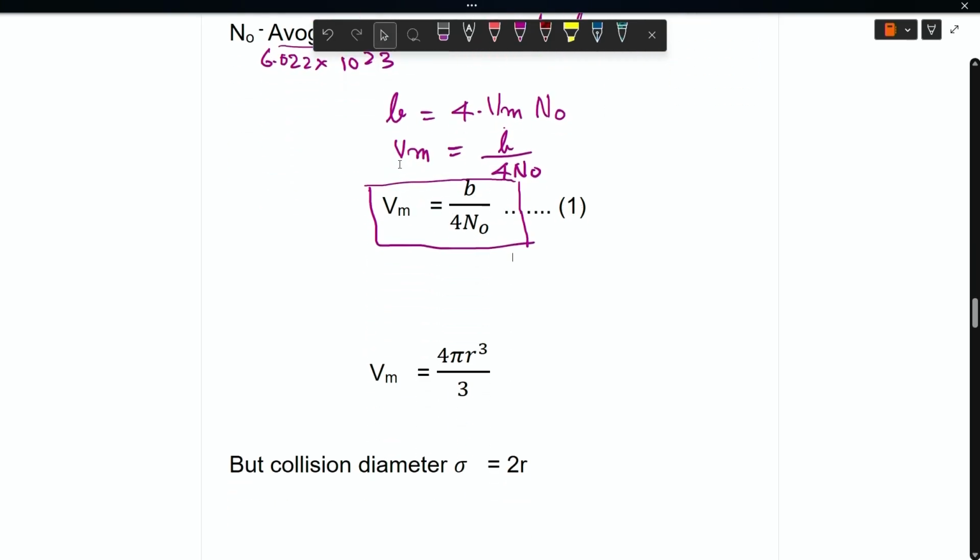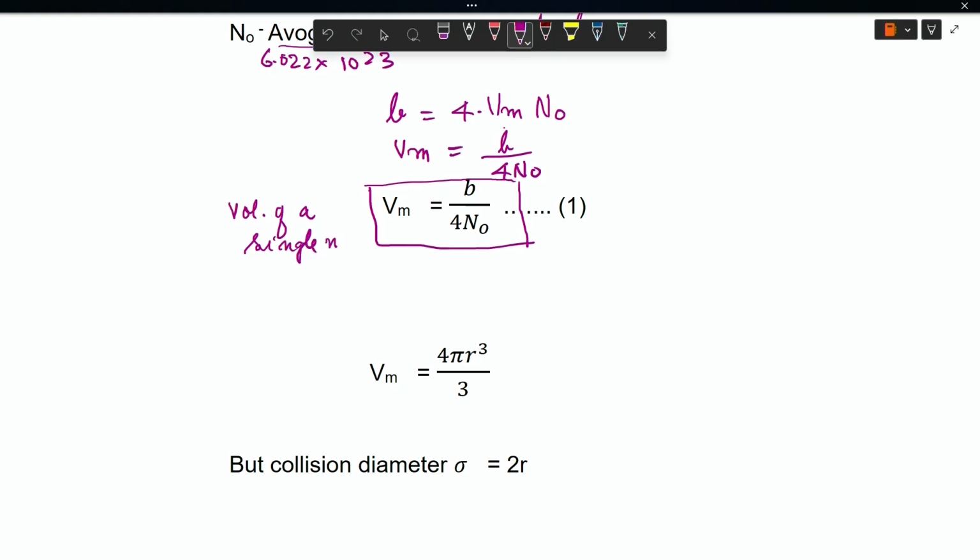Here Vm means the volume of a single molecule, as I have mentioned previously. This Vm we can write in another way, that is equal to 4 by 3 pi r cube, where r stands for the radius of the molecule.